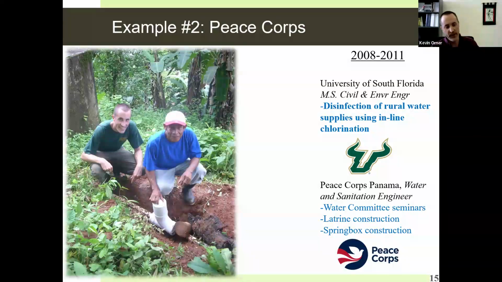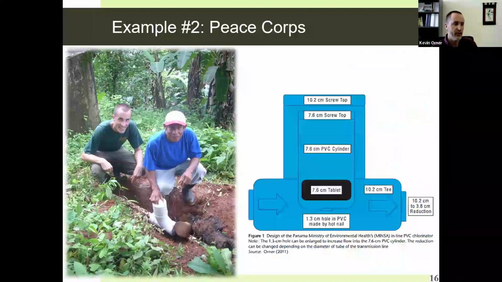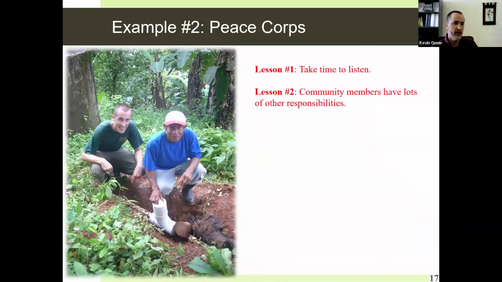And then I was testing how many chlorine tablets you would need to maintain proper chlorine residual throughout the community. So this was in collaboration with the drinking water committee from the community, and they helped me install this chlorinator and then do some of the analysis throughout the community. So it's just a picture of what that chlorinator looks like with the black chlorine tablet in the middle there.